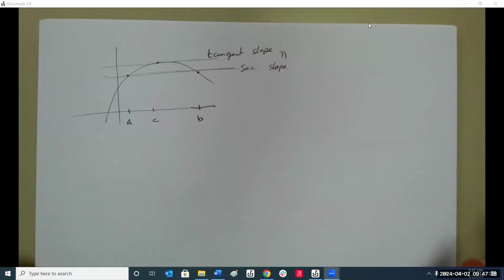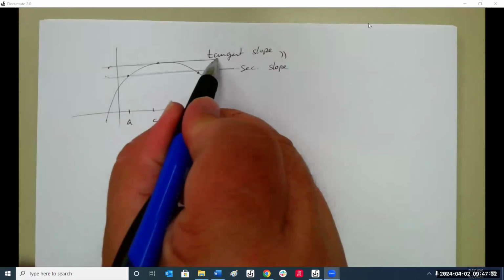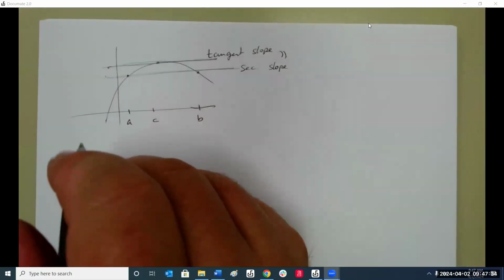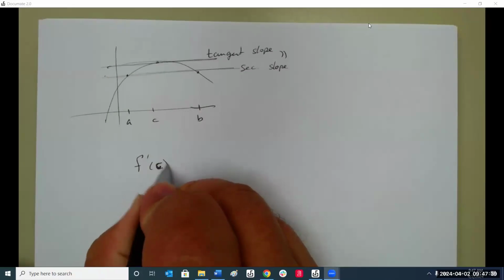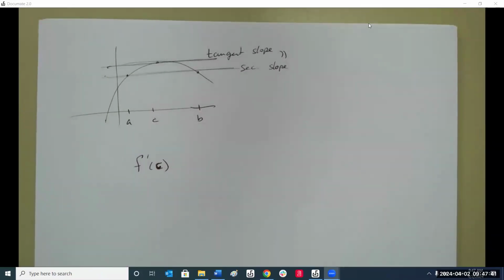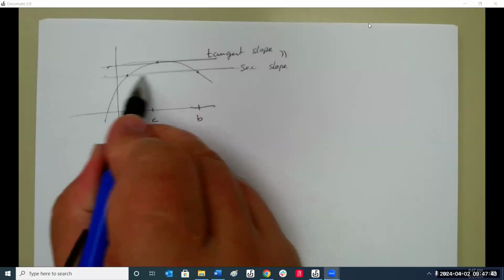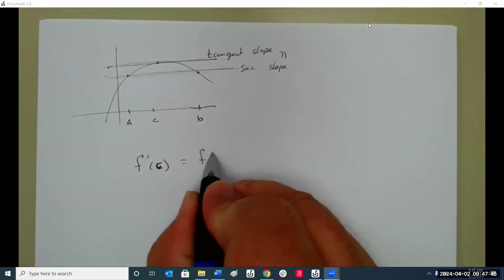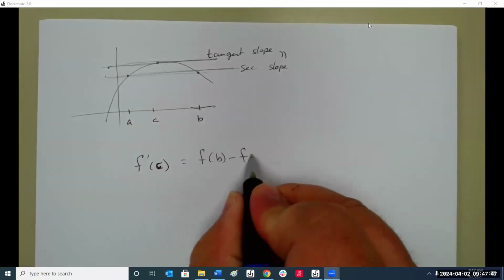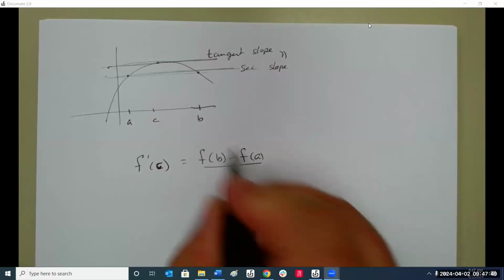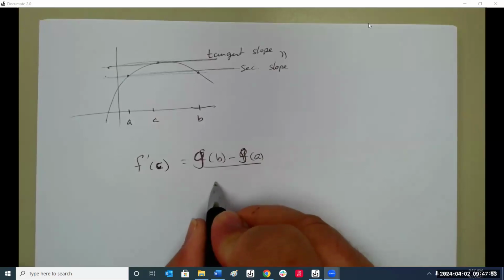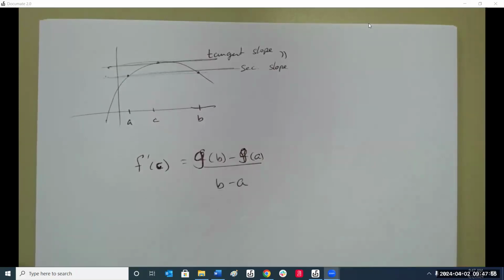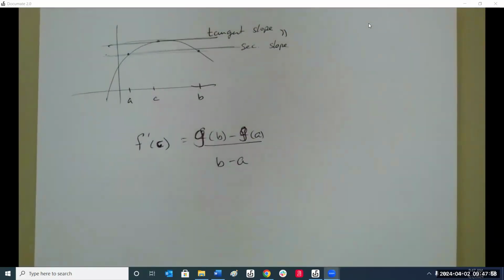Now, that's pictorially what they mean. What does it mean mathematically? This is defined by a derivative at some point C. This is algebraic. I should make this G.